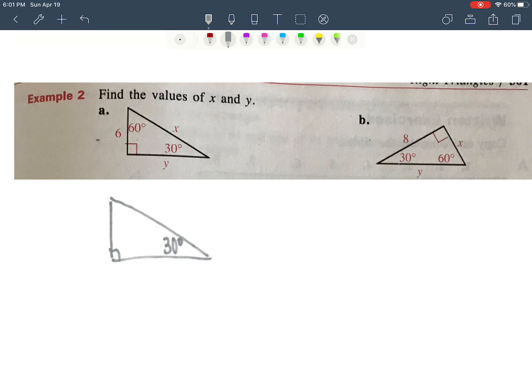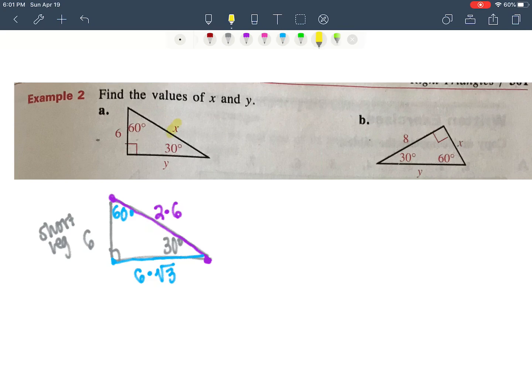So 30 degrees, across from that, I've got the short leg, which is 6. And I know that the hypotenuse is going to be twice that. So it's going to be 2 times 6. And then the longer leg, which is across from the 60-degree angle, that's going to be 6 times the square root of 3.